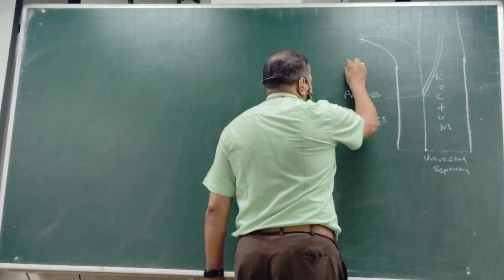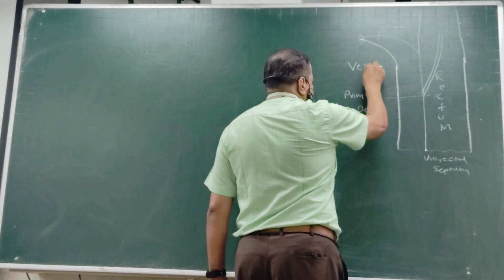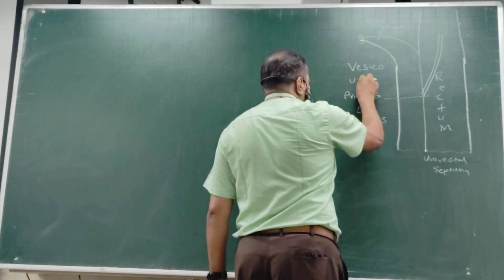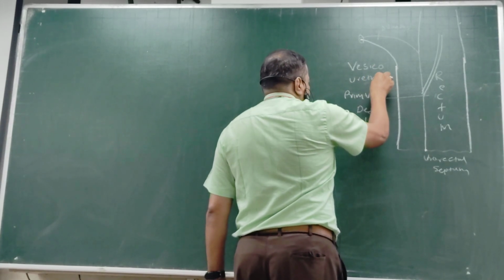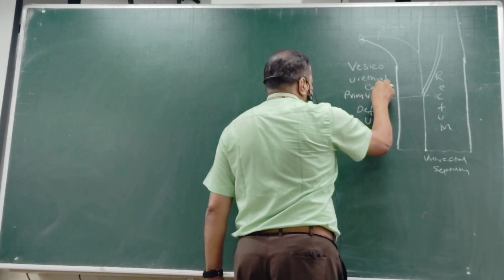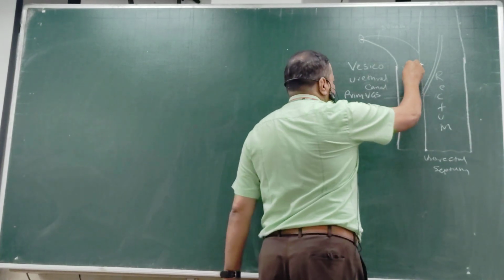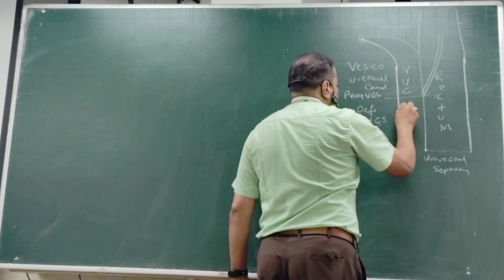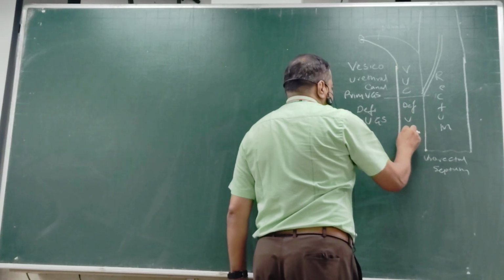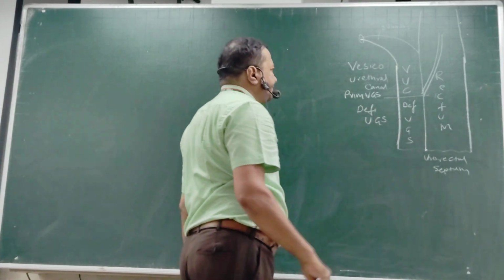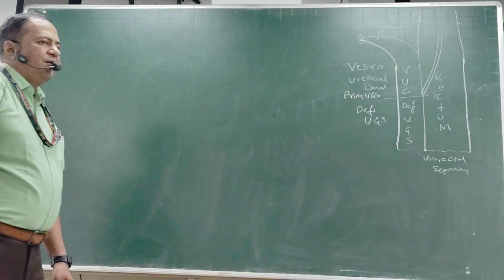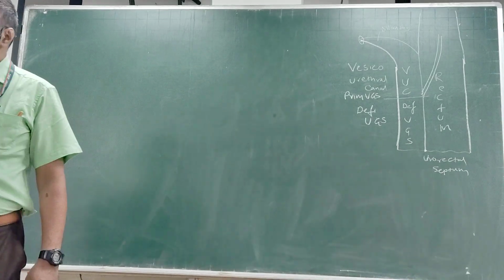And part above that is called as vesico-urethral canal. So this is vesico-urethral canal, and this is definitive urogenital sinus. Okay?